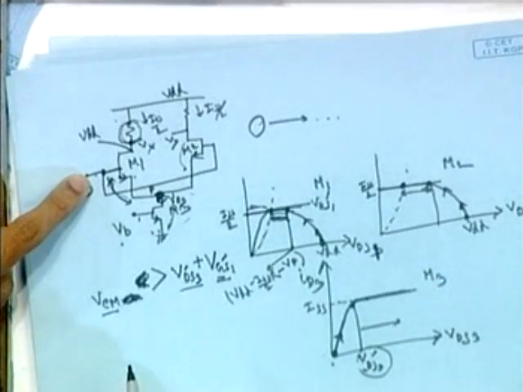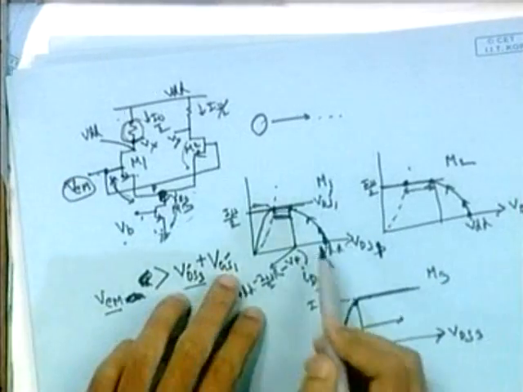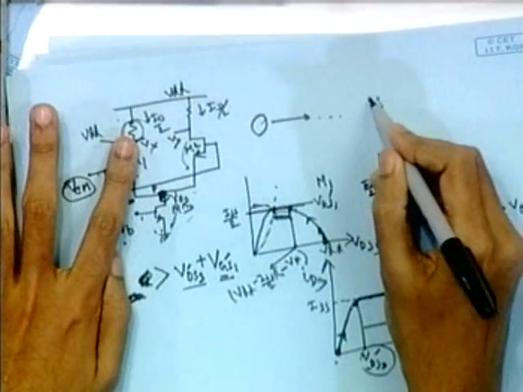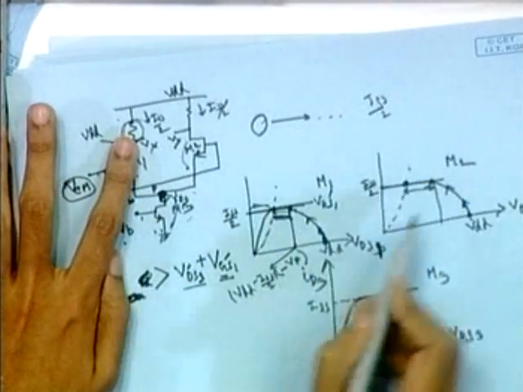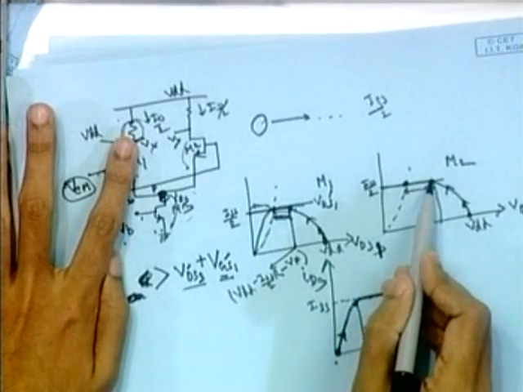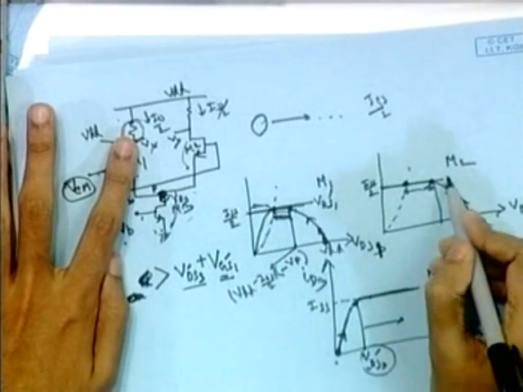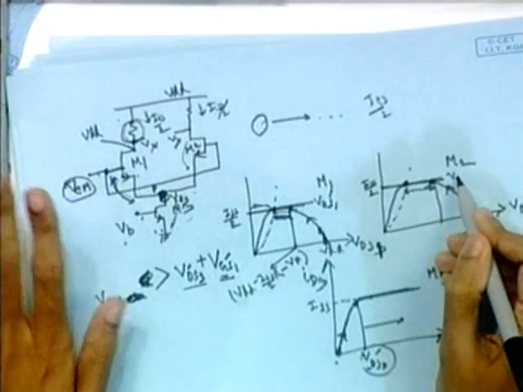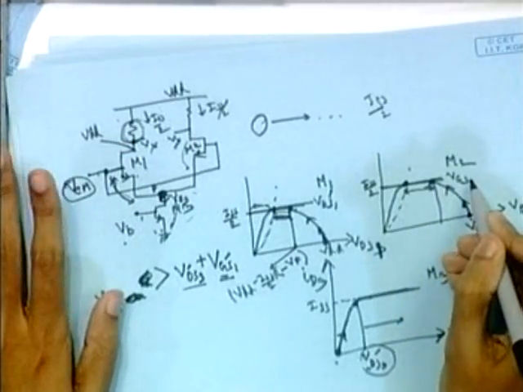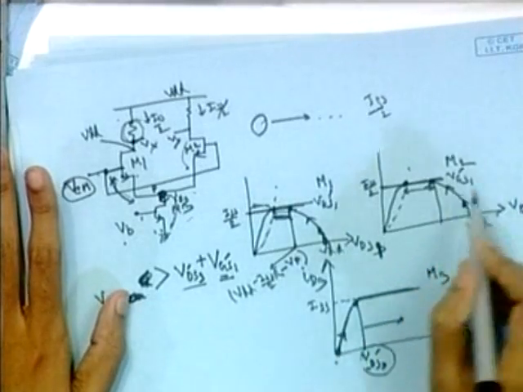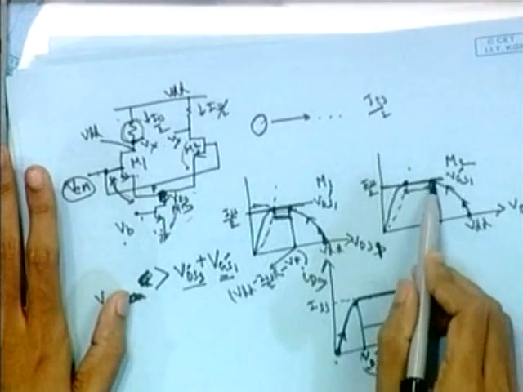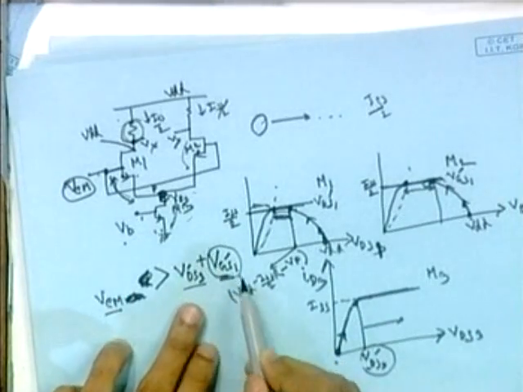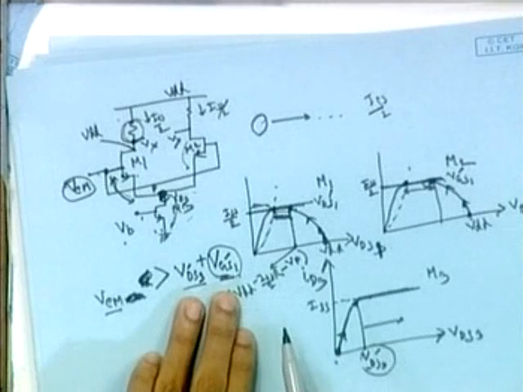For this voltage it enters saturation and both of these currents are stuck to ISS by 2. So when it just hits this ISS by 2 line, it must have some gate to source voltage VGS1, both of them equal actually. So when it hits at this point, that particular gate to source voltage we have to take. So this limits our minimum input VCM.